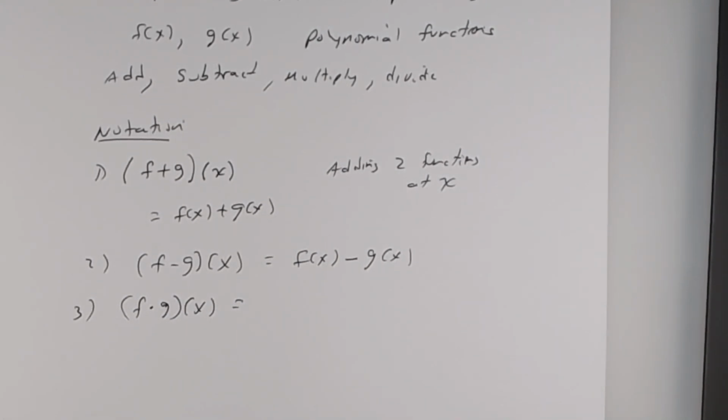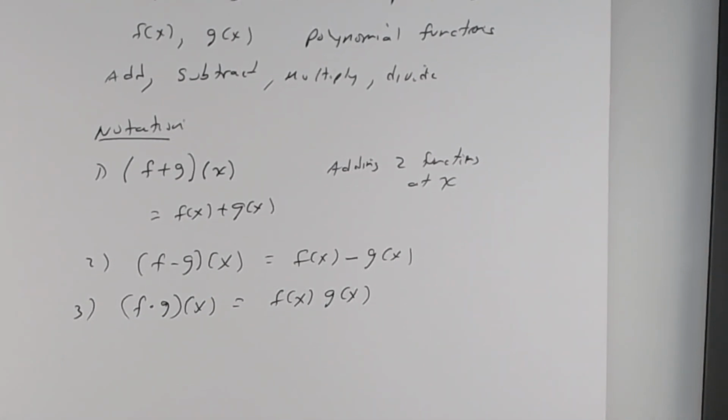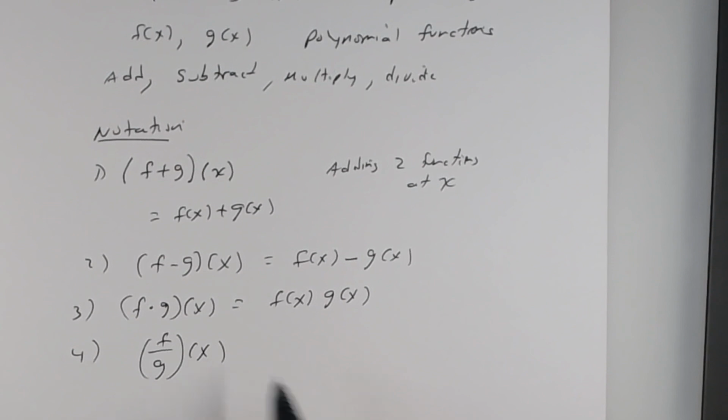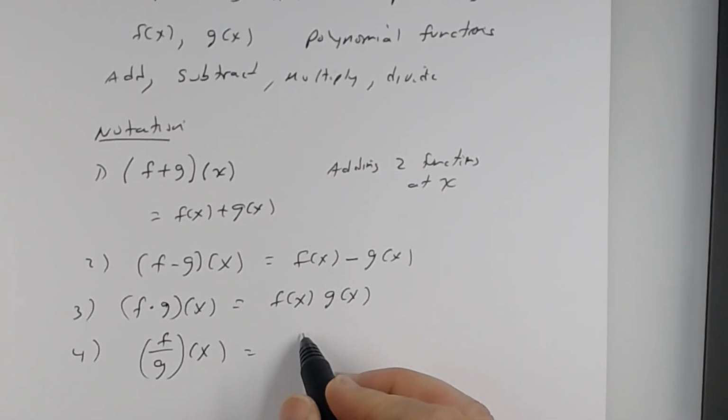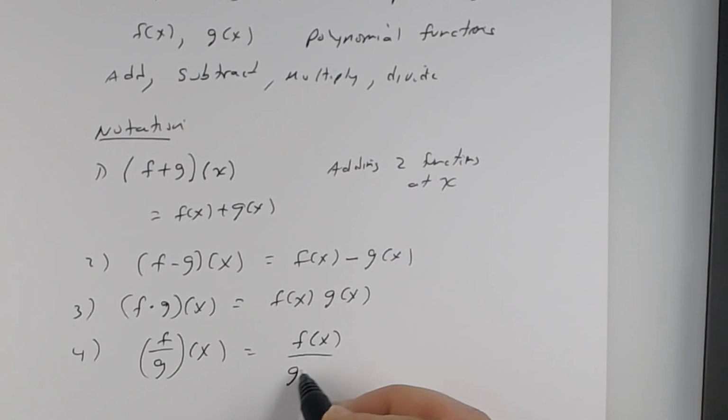How else can I write that? f of x times g of x. All right. And then number four, f divided by g at x. How else can I write that? f of x divided by g of x.